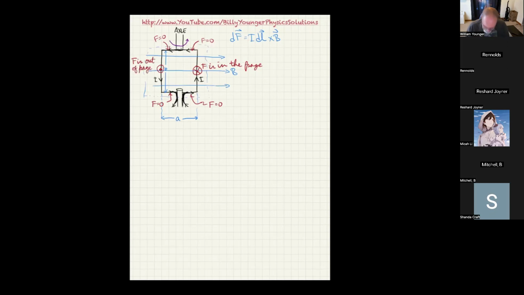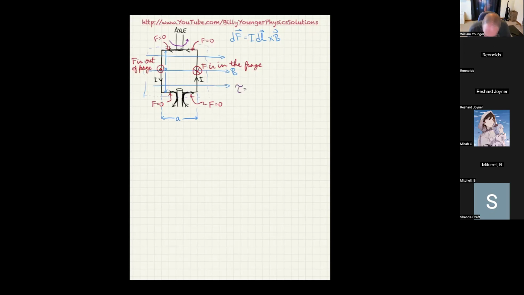The reason why I'm pointing this out and setting it up this way is you can see that in this orientation, the wire is actually compelled to rotate. In fact, that side on the left is going to come out of the page, and that side on the right is going to go below the page, and it's going to tend to rotate it. And in fact, you can calculate that torque like this.